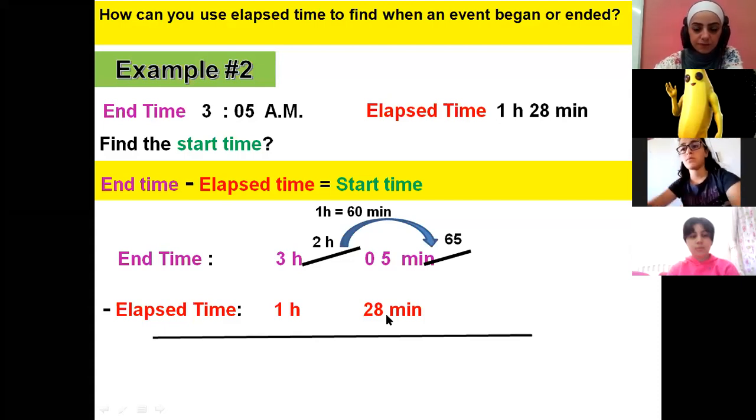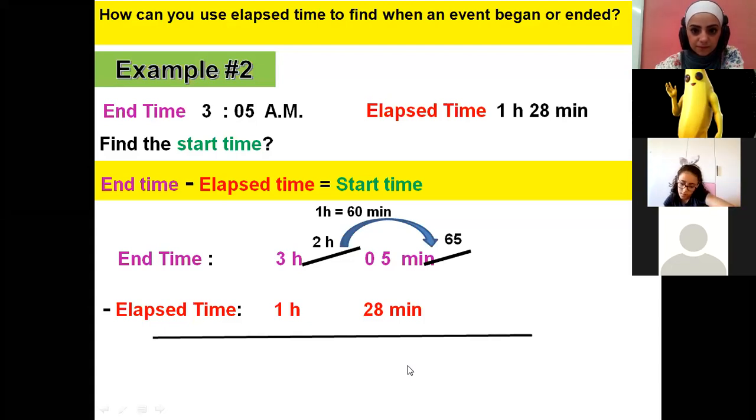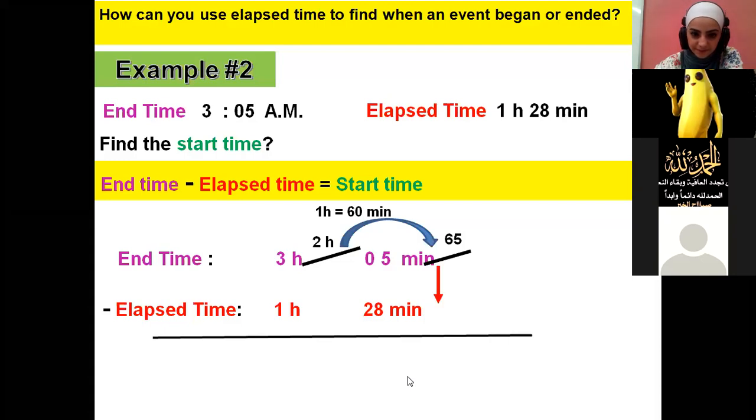So we will make 65. 65 minus 28 is 37. That's the minutes.